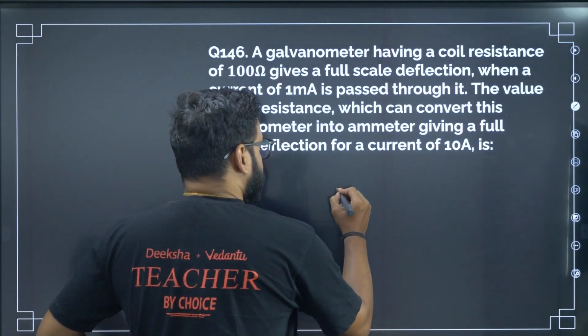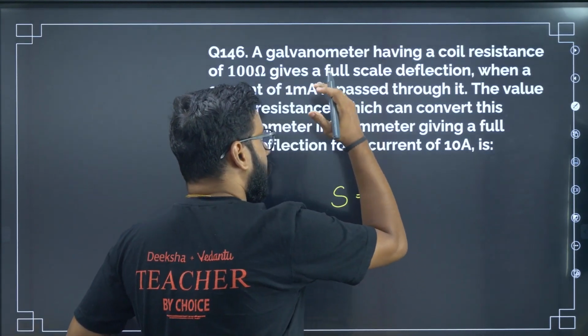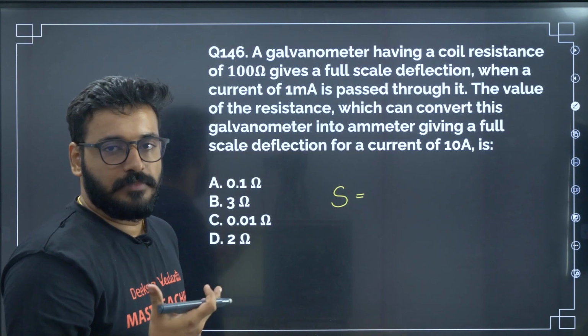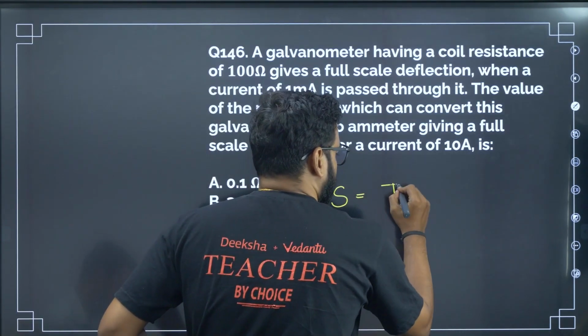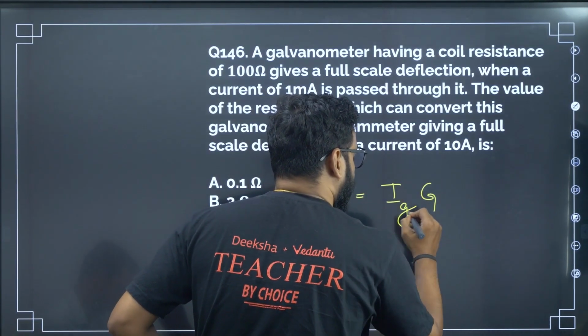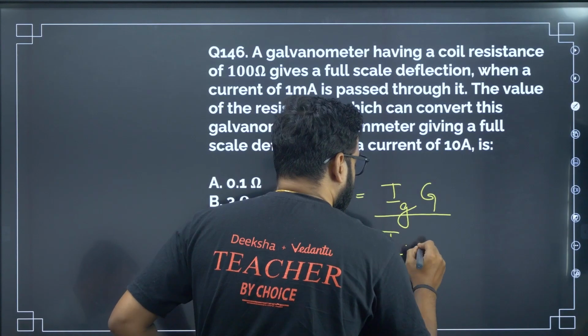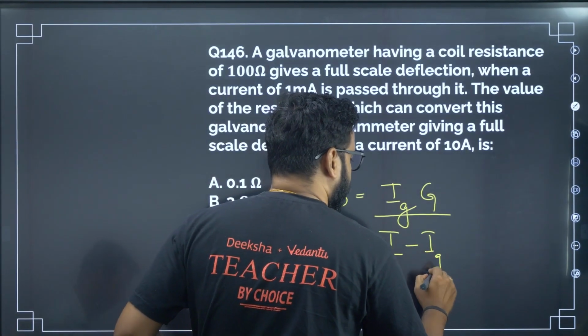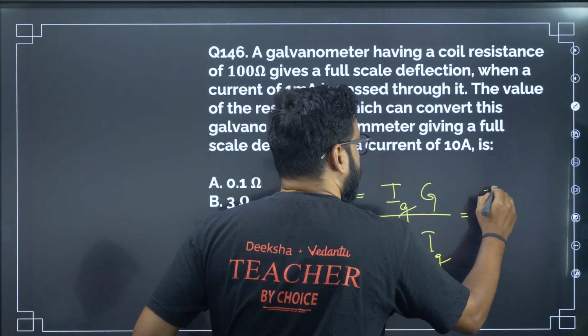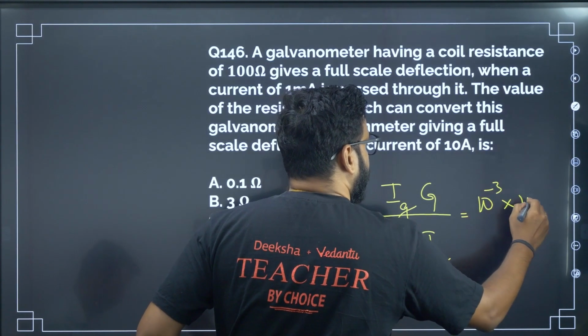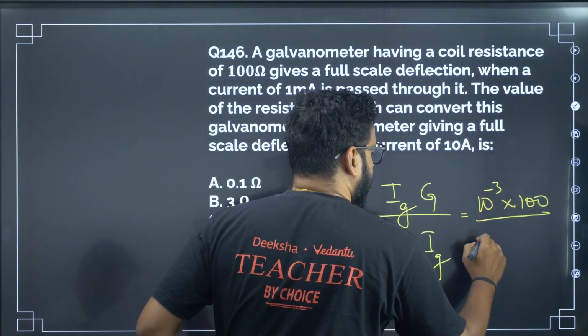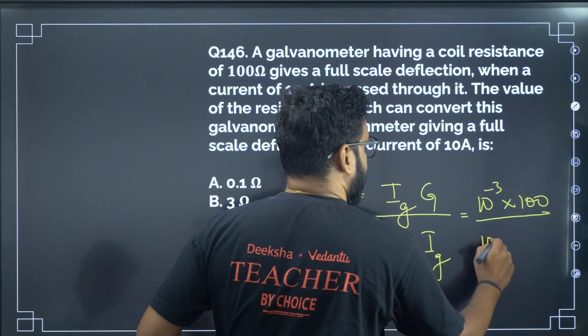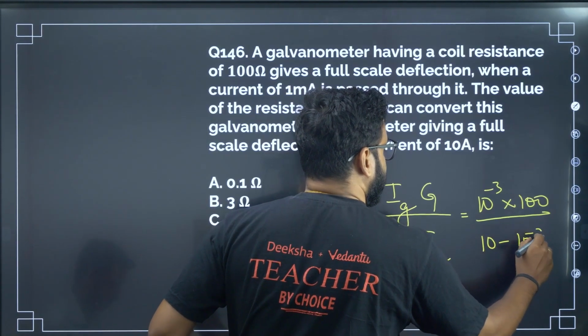The shunt resistance formula for ammeter conversion is simply galvanometer current into galvanometer resistance, divided by the converted ammeter current minus galvanometer current. So it is 10 to the power minus 3 into 100 divided by 10 minus 10 to the power minus 3.